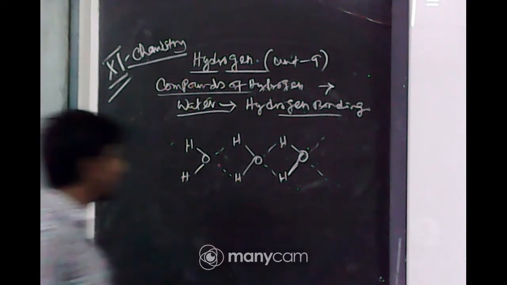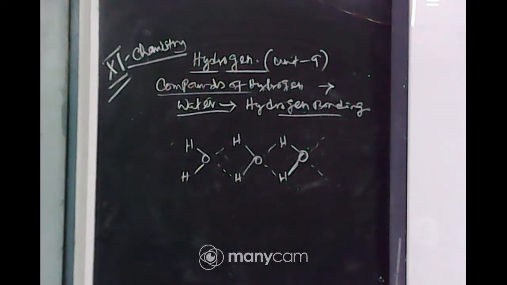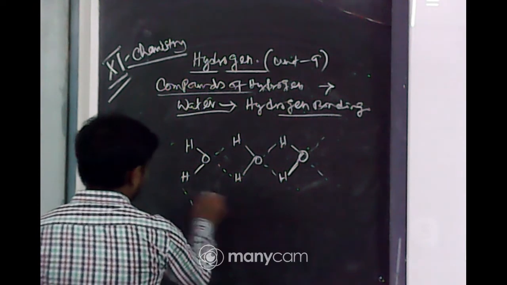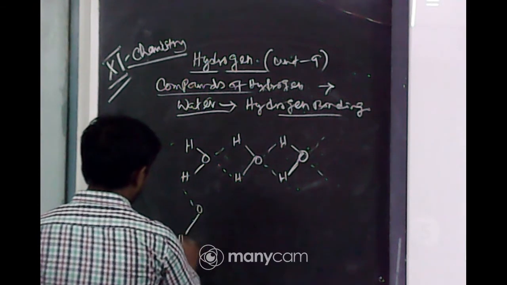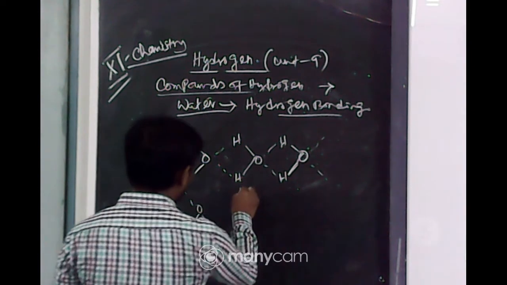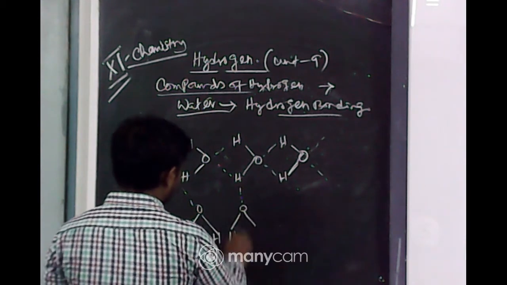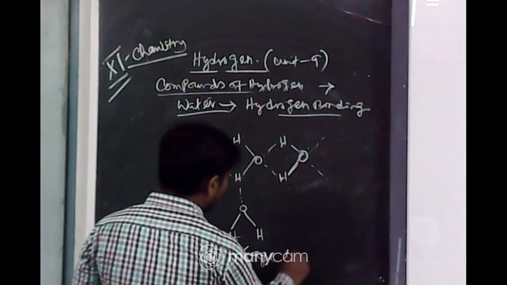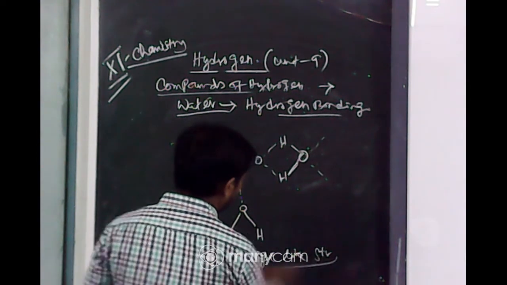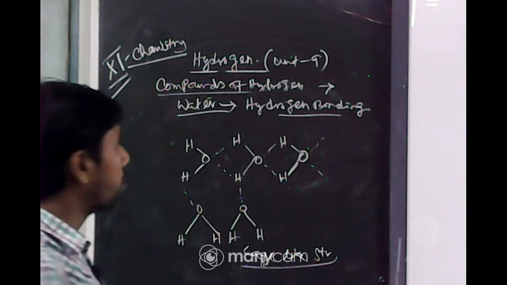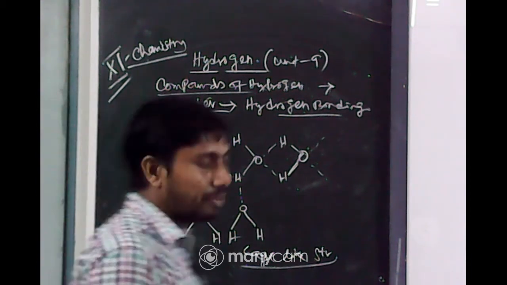This oxygen is again connected with this hydrogen, again connected with one oxygen, and this is H, this is H, this hydrogen again connected with an oxygen, H. In this way a cage-like structure is formed. So, for this cage-like structure it floats on the water, because the surface area becomes more.